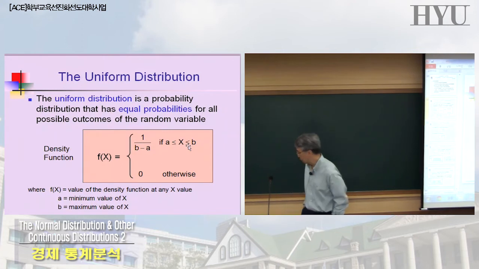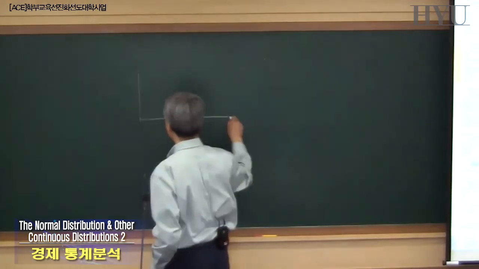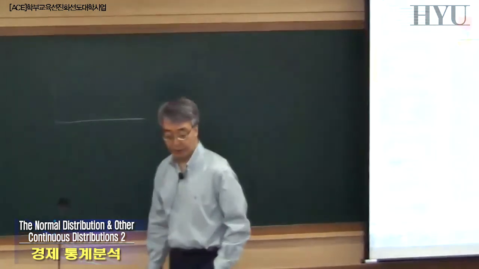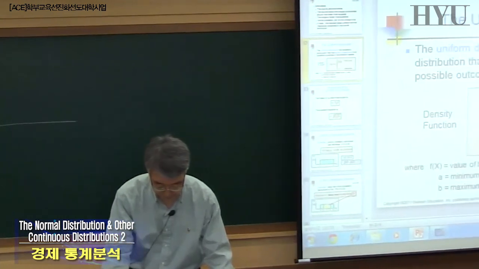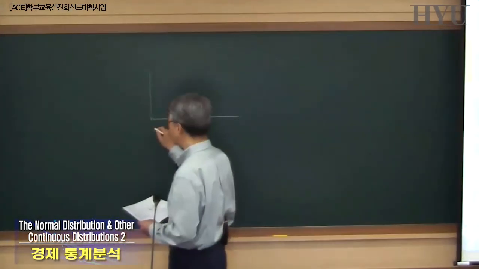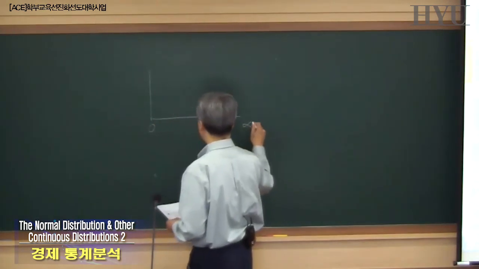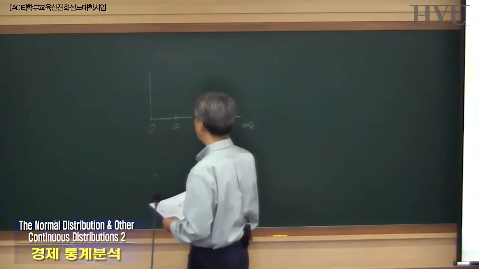So graphically, if you think about the probability density function, let's say 0 to infinity, and let's say we have A and B here.